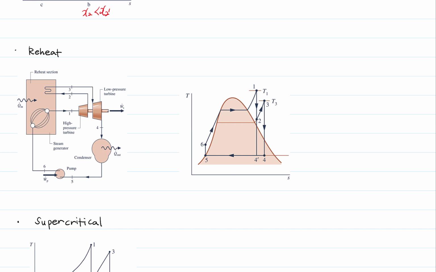So at state 1, the steam enters the first stage turbine and it expands. And steam is sent back to the steam generator and reheated. Temperature increases. This is where the steam enters the second stage turbine and expands.